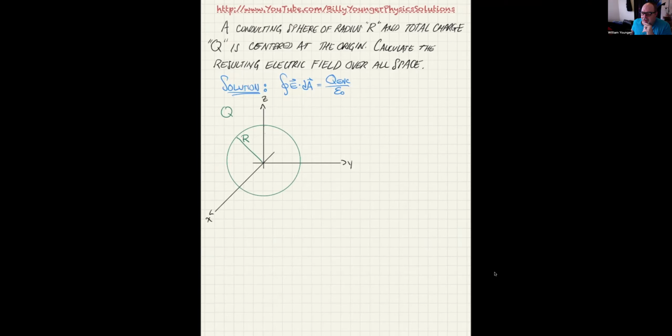In other words, if you ran from the origin, which is where the center of the sphere is, to any point in question, the electric field would point along that line and would point away from the origin. That happens to be the very definition of the r hat vector in spherical coordinates. So that's why I'm going to make use of that. So far, all that symmetry that we know comes into play.